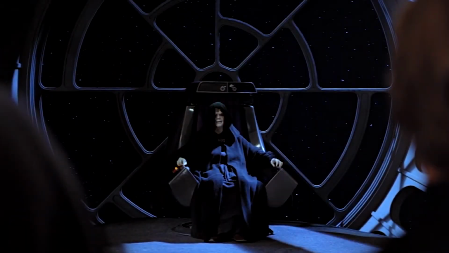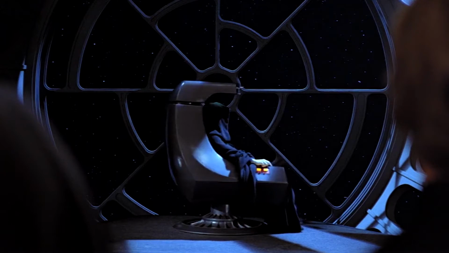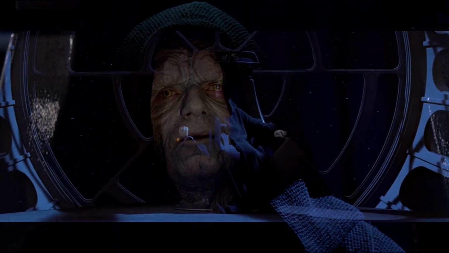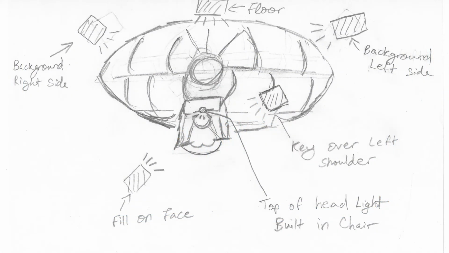There was something lighting his body from over his left shoulder, there was some light hitting the edges of his throne from either side, there was some light on top of his chair and on top of his hood, and there was a small amount of light hitting his face, likely coming from front left of where he is, based on the shadow of his hood on his face. I believe the light hitting the floor and sides of the set is coming through the window due to the shadow it creates. This is what I think their lighting setup looked like.